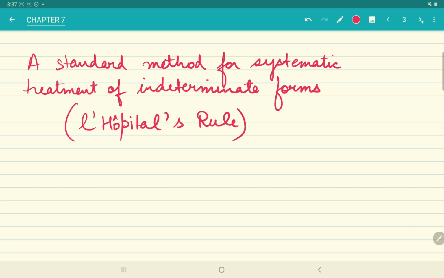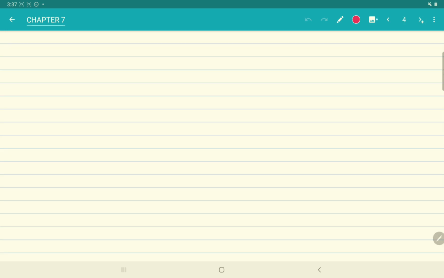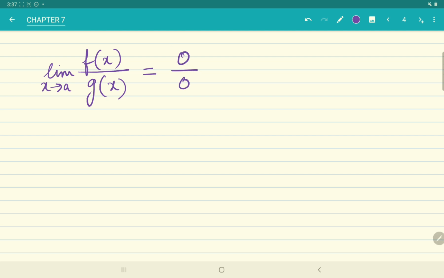All right, to understand this, let's start with an indeterminate form. Limit x tending to a f of x by g of x, and here both the numerator and the denominator tend to 0 as x tends to a, so I write it like this.